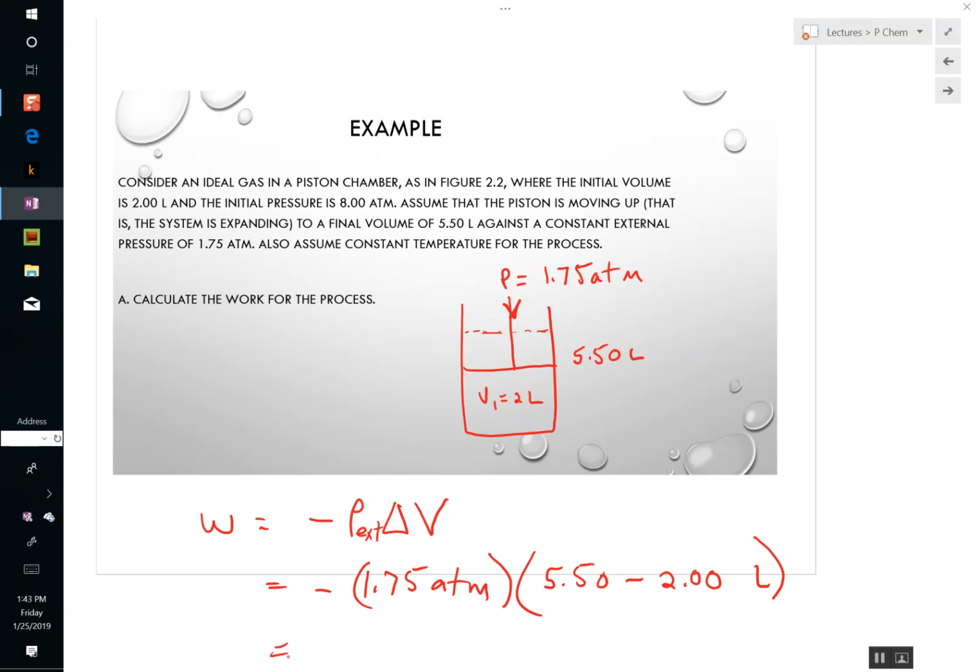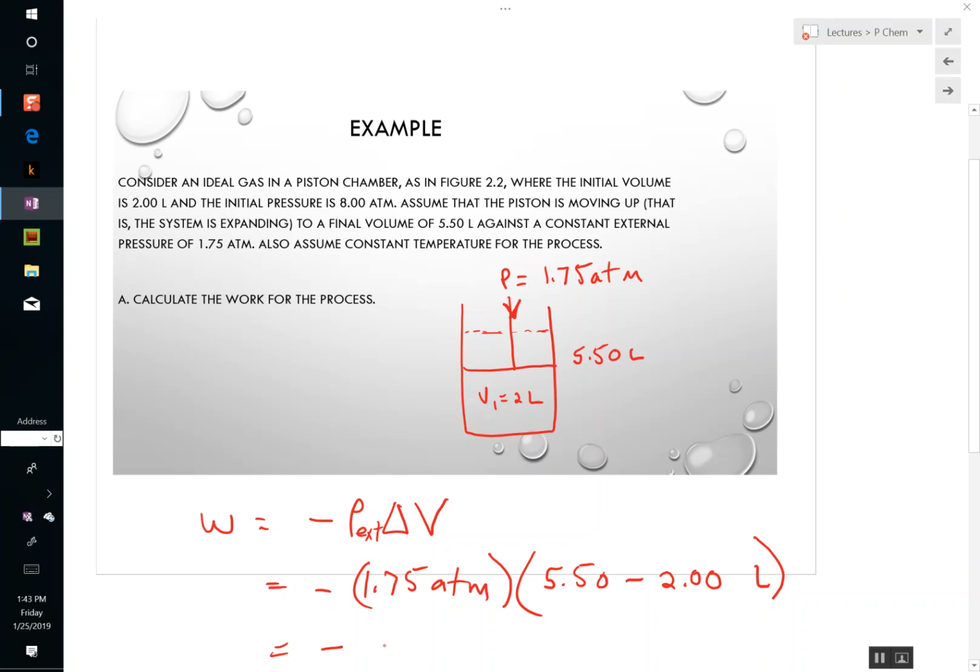So the 5.5 liters is the final volume. We're expanding. If we were compressing, then delta V would be negative. So delta V is positive, so the answer is negative.